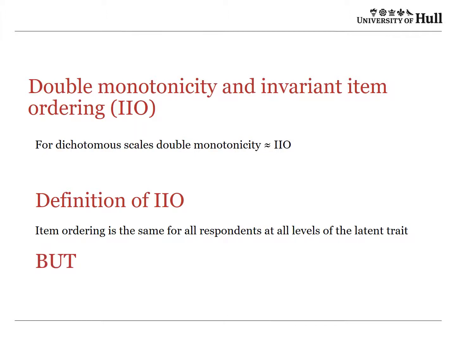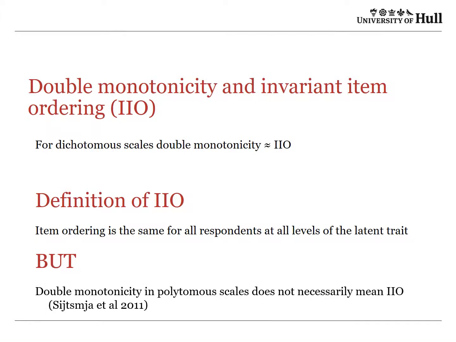So, while invariant item ordering means that item ordering is the same for all respondents at all levels of the latent trait, double monotonicity in polytomous scales does not necessarily mean invariant item ordering. Double monotonicity refers only to the item step response functions and not to the item characteristic curves.